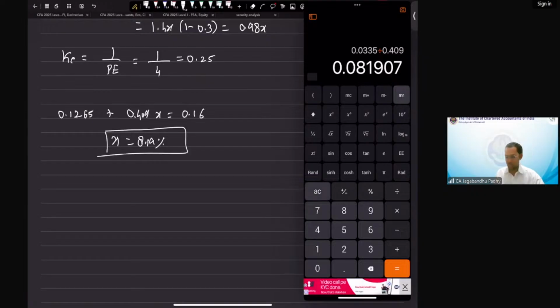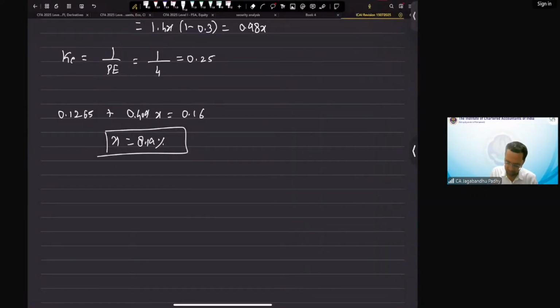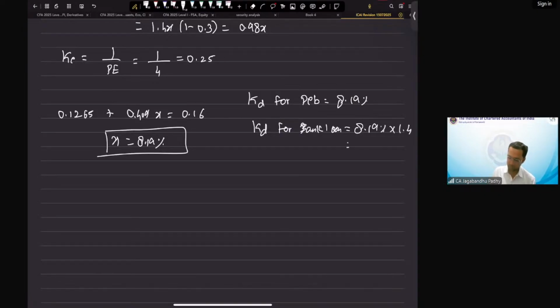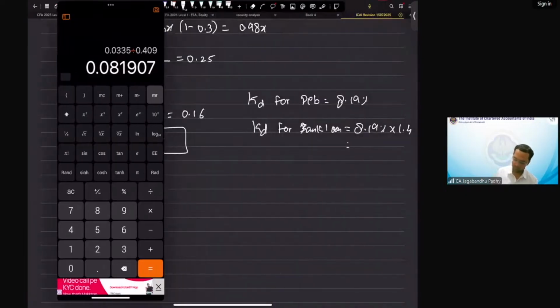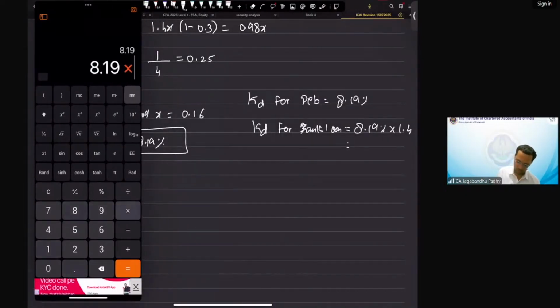Yeah, the value of x is 8.19%, which means cost of debt for debentures is 8.19%, and cost of debt for bank loan is 8.19% into 1.4. 8.19 into 1.4, which is 11.47.